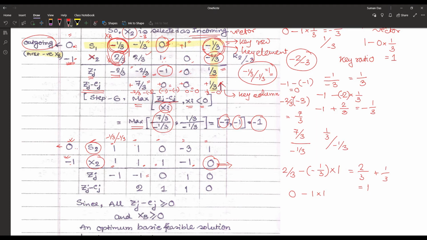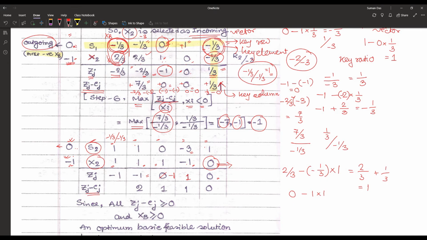Then 0 into 0 plus minus 1 into 1, sorry, that must be minus 1. Next one, 0 into minus 3, that means 0, and minus 1 into minus 1, that is 1. Finally 0 into 1 plus minus 1 into 0, that is 0.